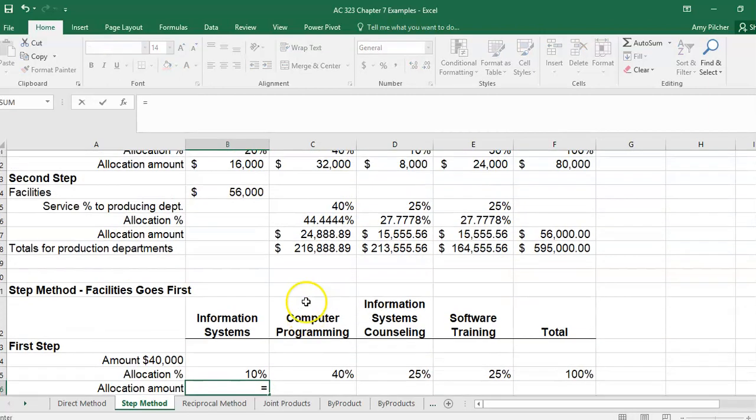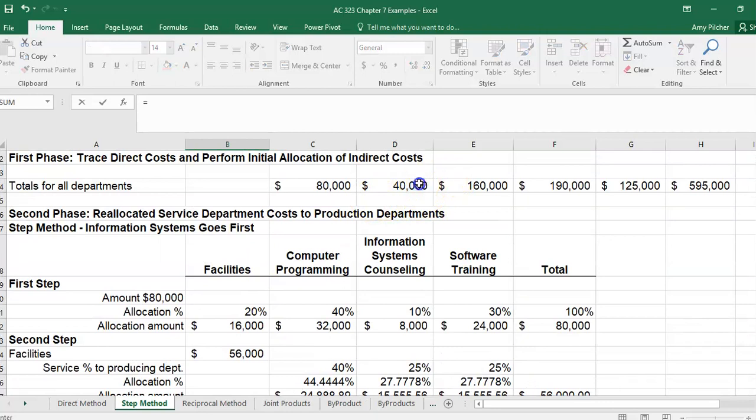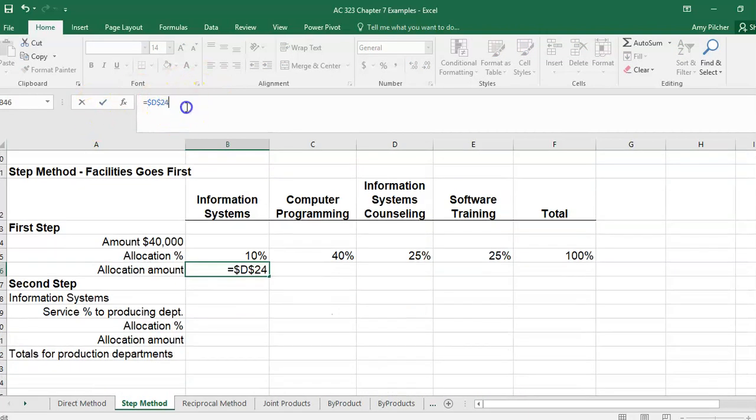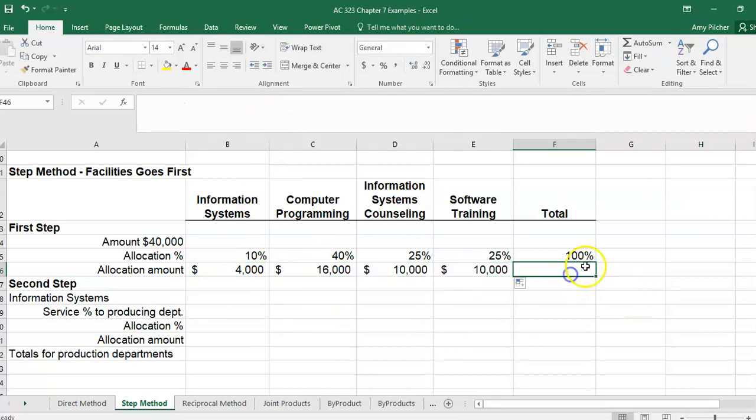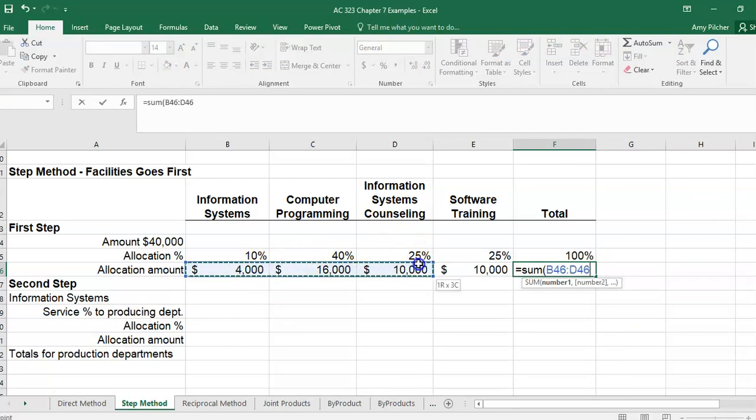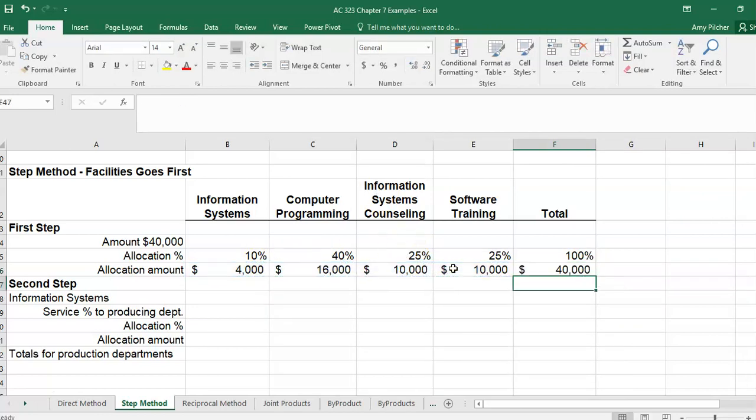So we're going to take that 40,000 in facilities costs times the percent usage. So we've now allocated the 40,000 from facilities to each department.